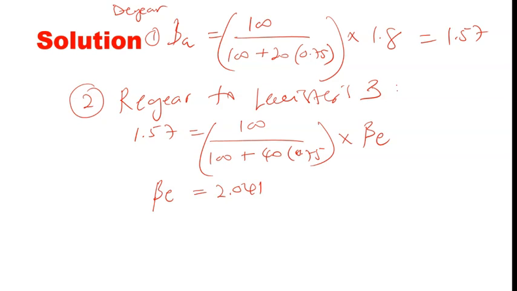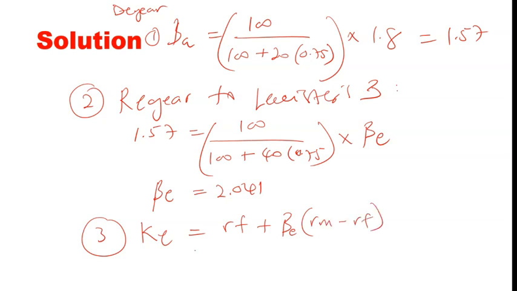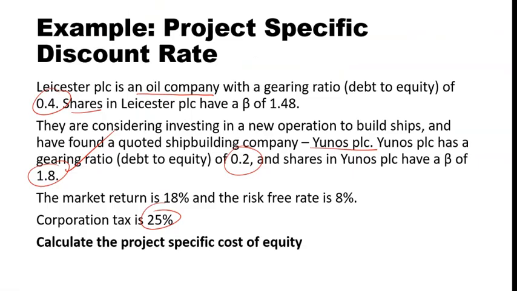Now we use this BE to calculate the required cost of equity. So KE is equal to RF plus beta equity times RM minus RF. From the question, the risk-free rate is 8% and the market return is 18%.